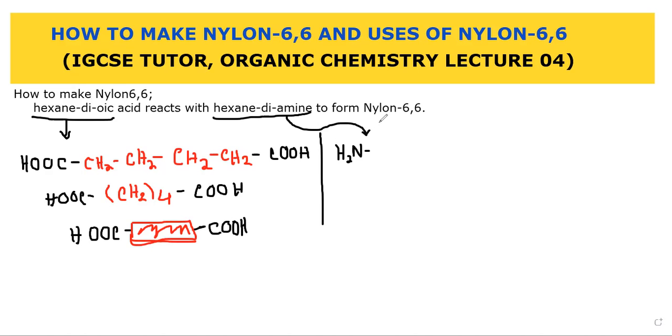And we have 6 CH2s, 1, 2, 3, 4, 5 and the last one. Again, we have another amine group.